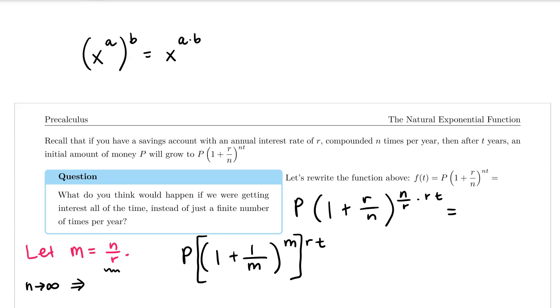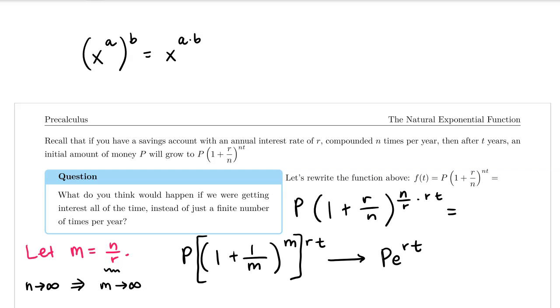It is not changing. It's just some interest rate. So if n goes to infinity, m is also going off to infinity. And in this set of parentheses, this whole expression, as m approaches infinity, is approaching P times e to the power of rt.